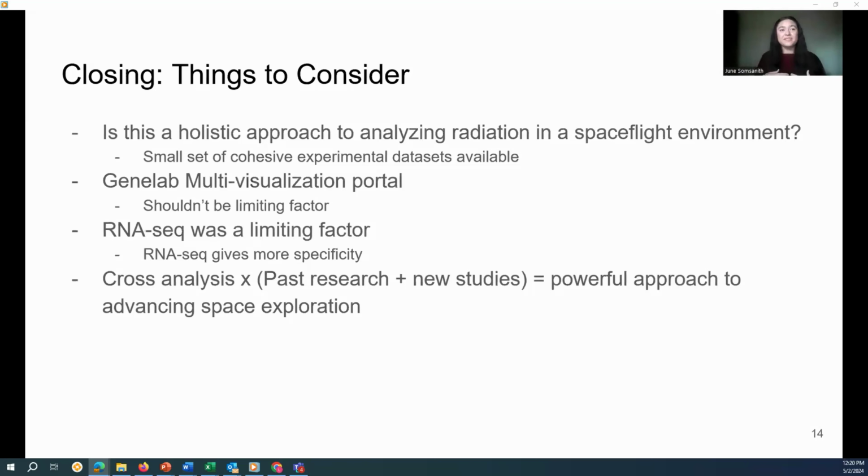I limited myself to only RNA-seq studies, only studies that were available with the GeneLab visualization software right then, and it shouldn't be a limiting factor moving forward. And this is a very powerful approach to advancing space exploration in the future.